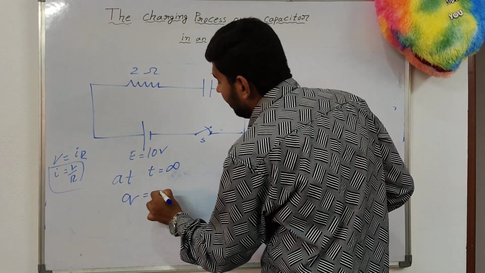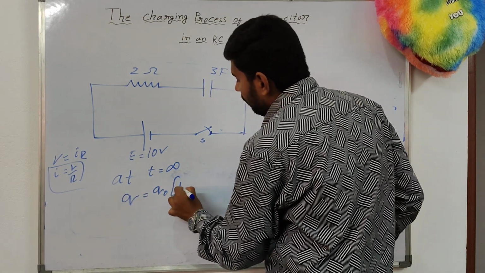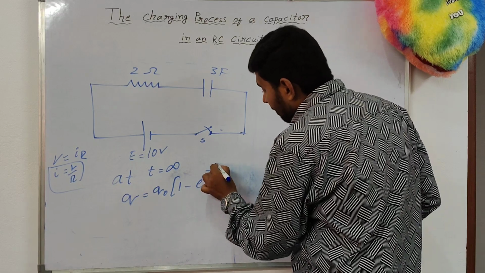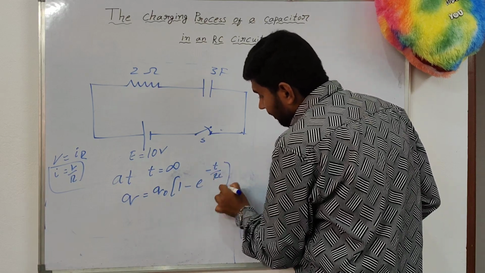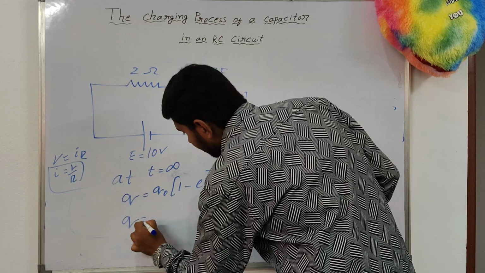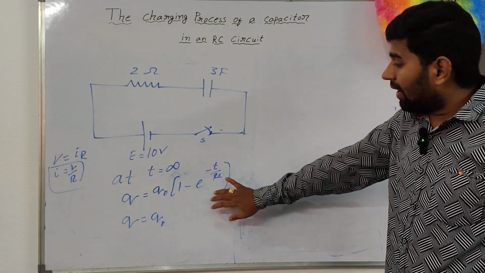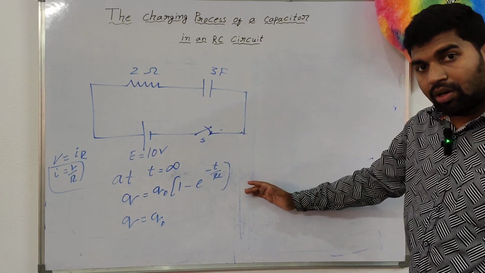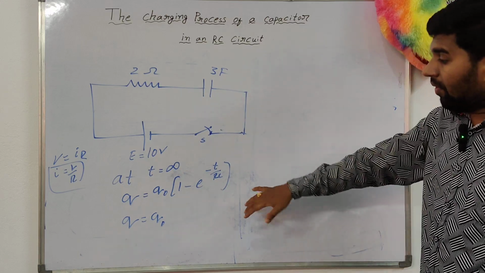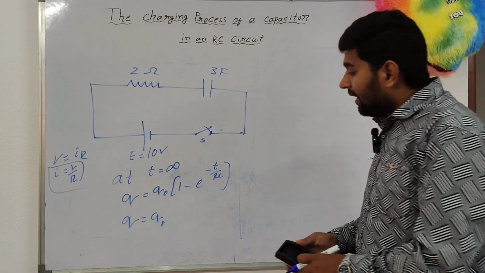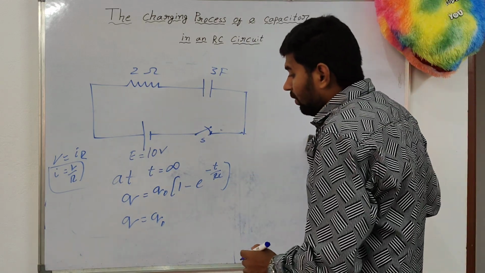Q is equal to, you know that formula, q naught into 1 minus e power minus t by RC. Here q is equal to q naught into, just observe carefully, e power 0 is equal to 1, e power minus infinity is equal to 0. It will become q is equal to q naught.